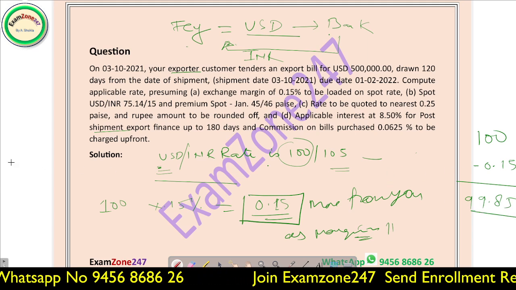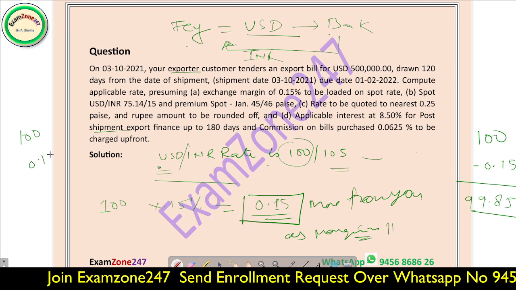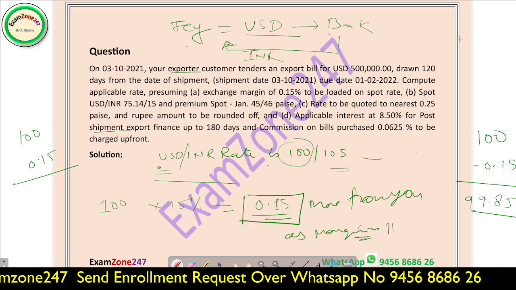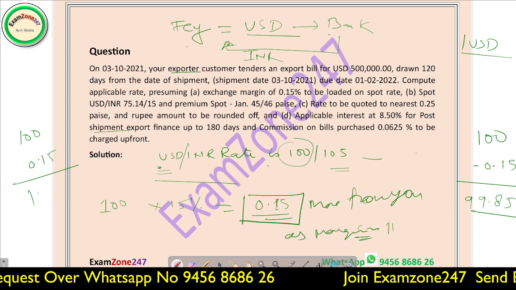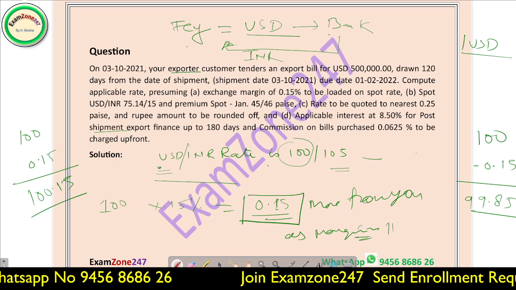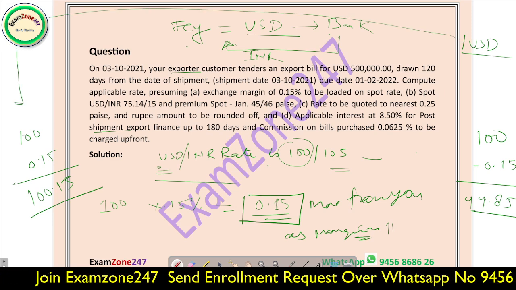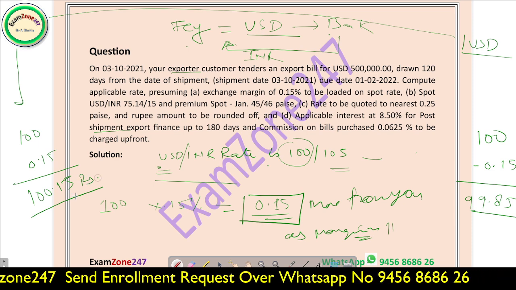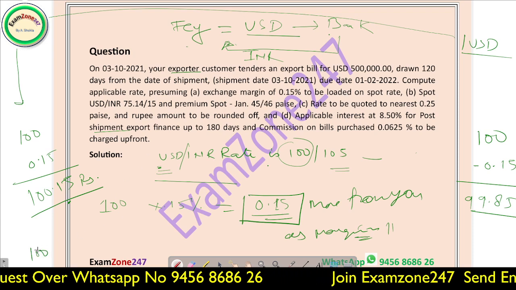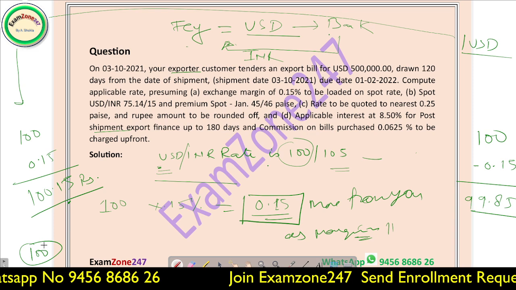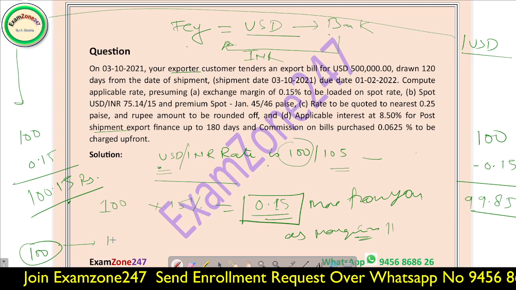See, the bank will not be adding this. If the bank adds this margin, means if you give 1 USD to the bank and the margin is added, the bank is giving 100.15 rupees to you, but in the market the rate is 100 only. Means the market will give 100 rupees to the bank or anyone for 1 USD.